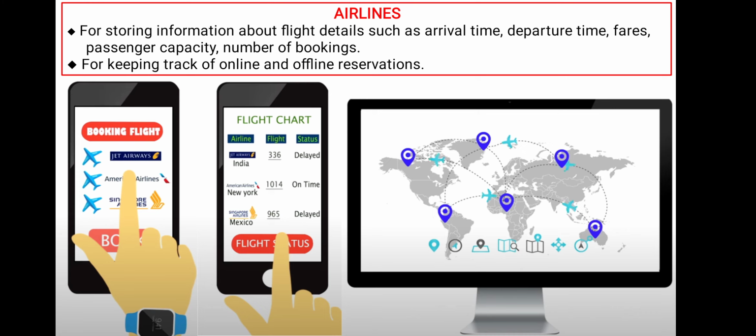The first one is you can book based on the money involved in booking, that whoever is giving maximum discount, based on that, the flight chart, what is the timing, what is the status, whether it is available or whether it is delayed. It is done all over the world. So these are the uses of computers in the field of airlines.